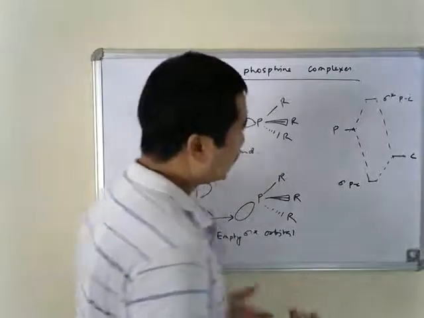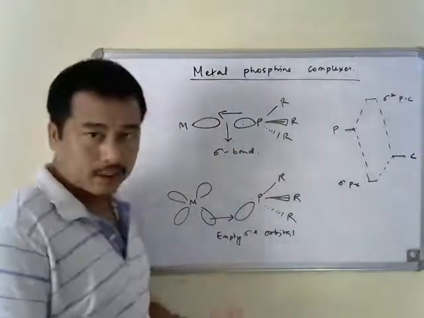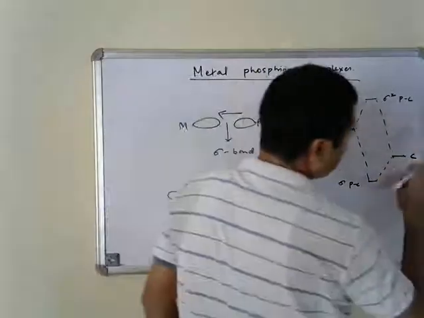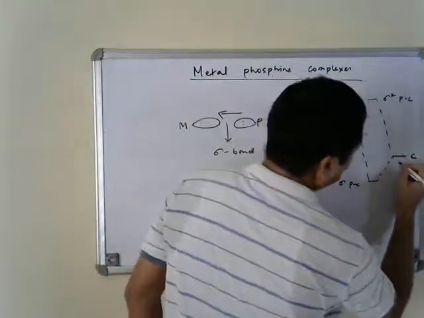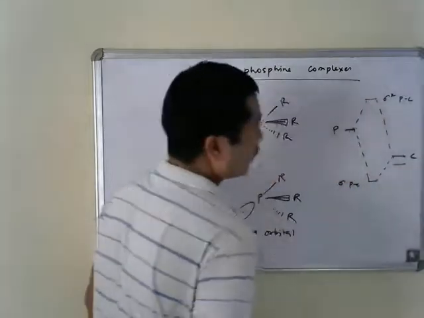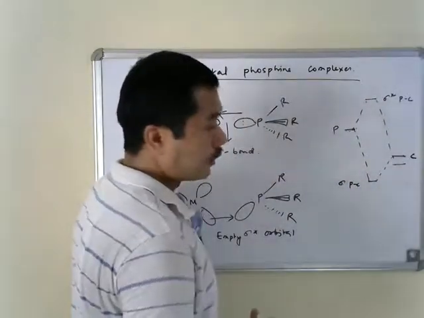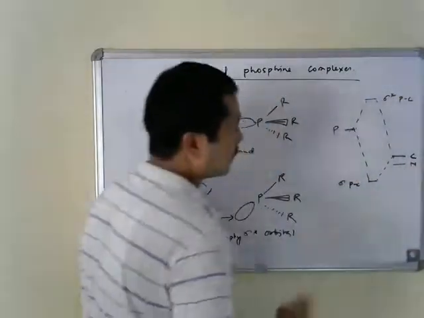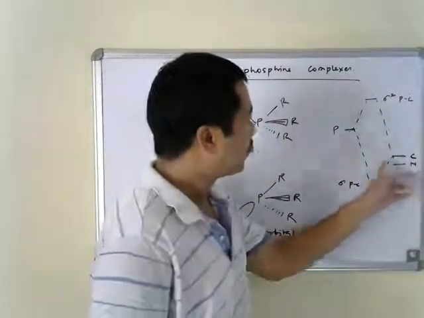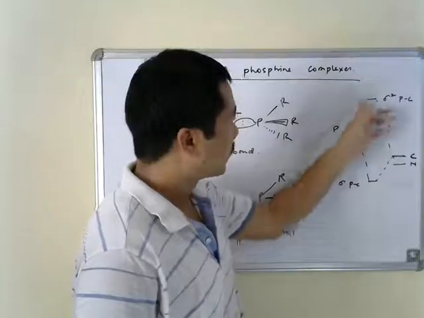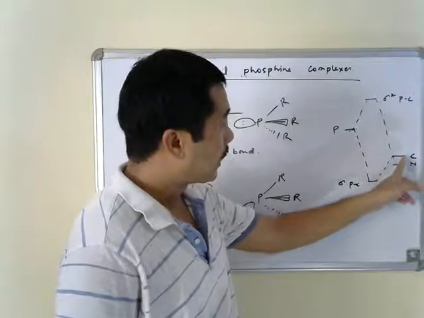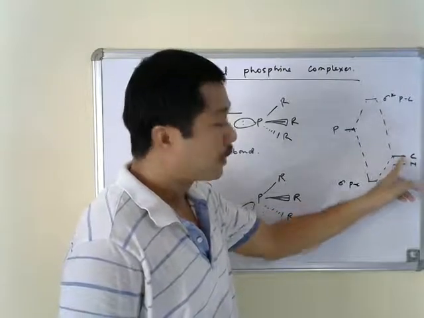Then, when we have a substituent which is more electronegative than carbon, the energy of those orbitals will be lower than the energy of the orbitals of carbon. For example, for nitrogen, the orbitals of nitrogen which form sigma as well as sigma star molecular orbitals with phosphorus orbitals will be located at energy lower than the corresponding orbitals of carbon.